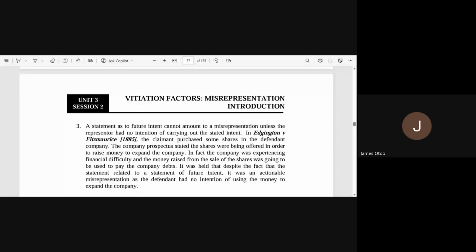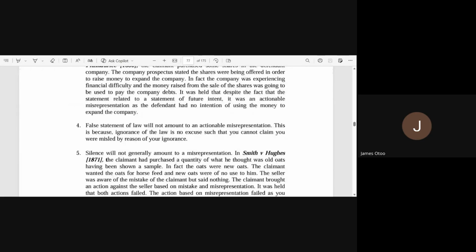They knew that this money would not be used for the intended purpose, yet they went ahead to influence the people. So the court held them to be liable, because they knew that the money was going to be used to pay their debts, not to expand the business.